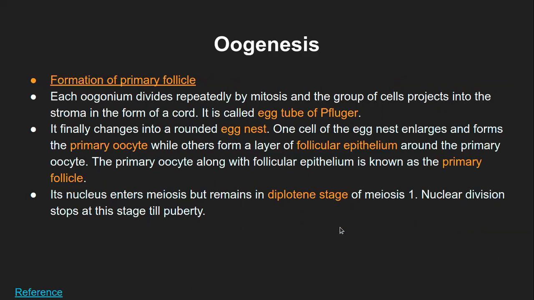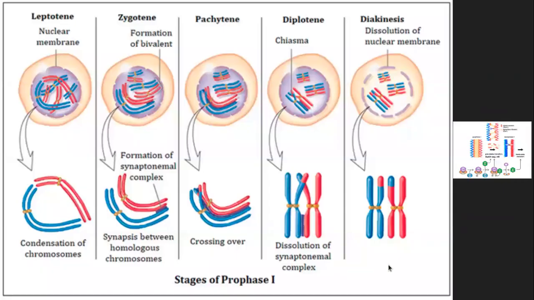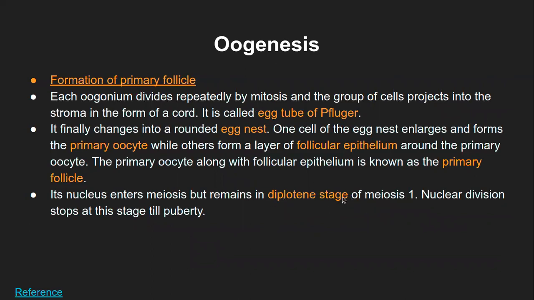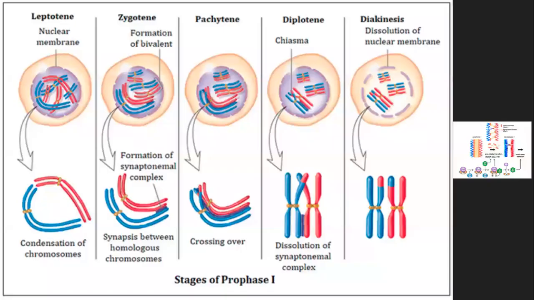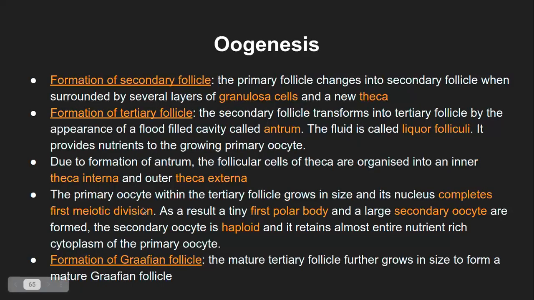I hope you are following. These are two stories running parallel. One is the formation of the ova, and the other is the developmental stages of the girl child in terms of sexual maturity or puberty. Just before puberty, all these primary oocytes will be in the diplotene stage, and when they reach puberty they will all finish the first meiotic division.